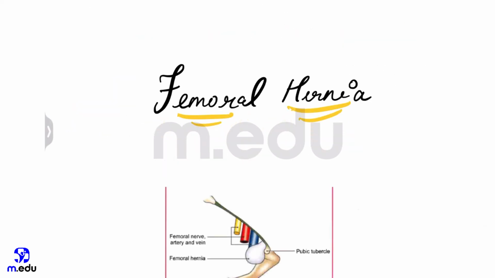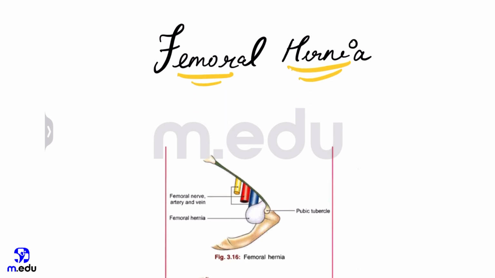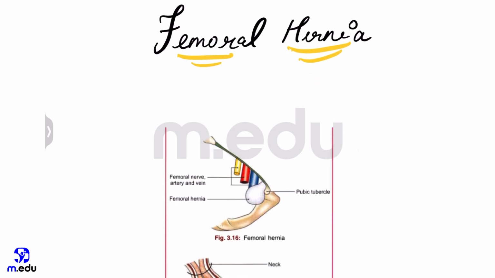So now we'll look at a clinical aspect related to the femoral triangle, that is called femoral hernia. In femoral hernia, the femoral canal is an area of potential weakness where the abdominal contents sometimes bulge out, passing through the femoral canal, then forwards through the saphenous opening and then upwards through the epigastric and the superficial circumflex iliac vessels.